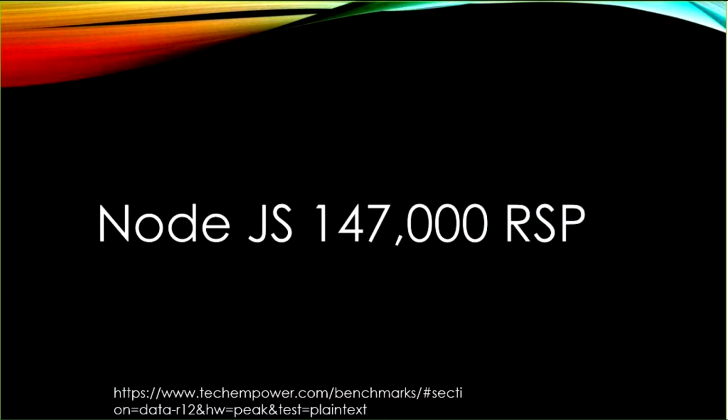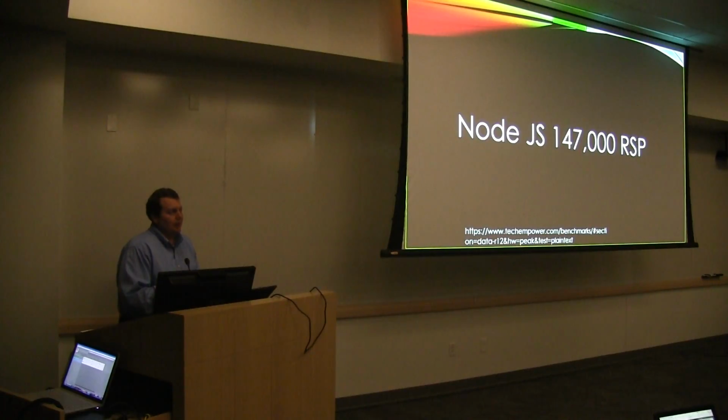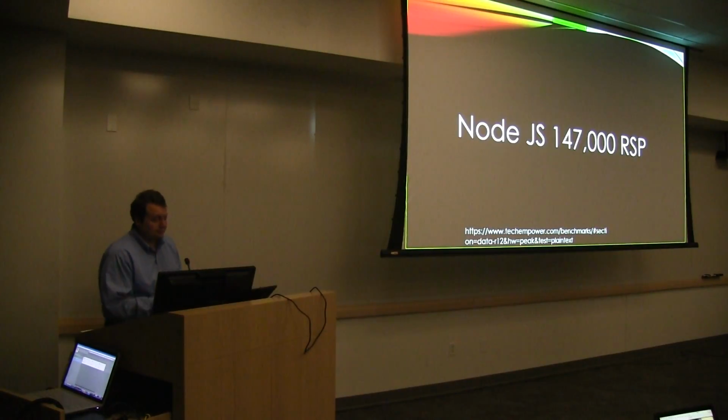Performance-wise, Microsoft has really been focused on performance. There's a site, techempower.com, that they use as a benchmark to figure out how fast they are, and they've spent a lot of money creating labs to measure as accurately as they can against that website.